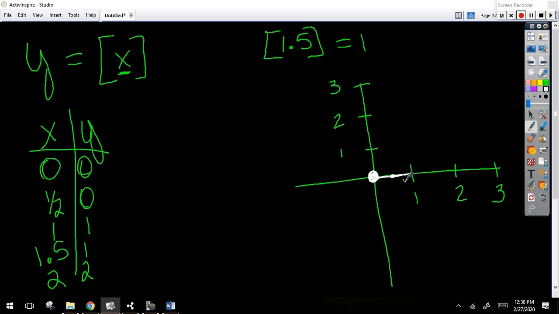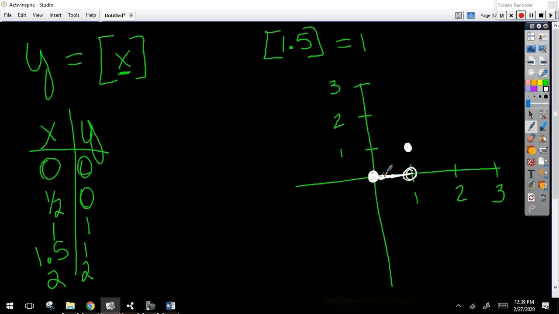They're all going to round down to 0, right? All the way until I hit 1. And when I hit 1, it jumps up and becomes 1, right? So what I'm going to do is take this line all the way to 1, but I'm going to put an open circle at 1 to say, don't include 1 in this line. But all these little fractions in between 0 and 1, I'm going to keep them on this line.